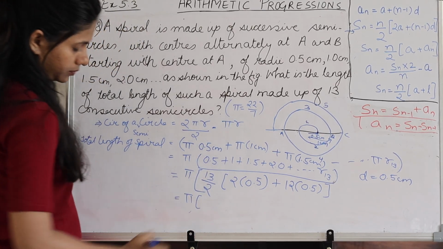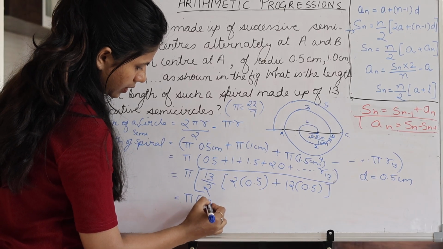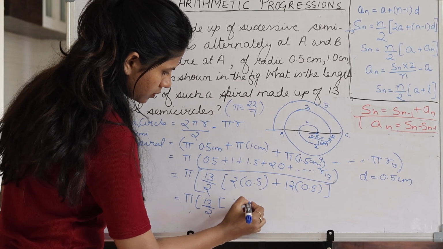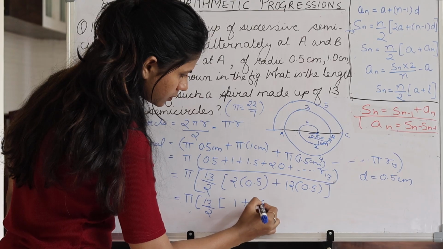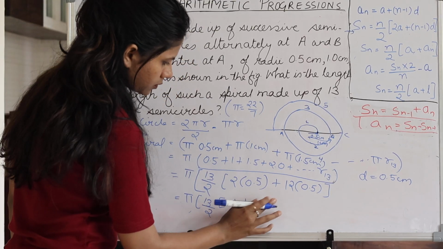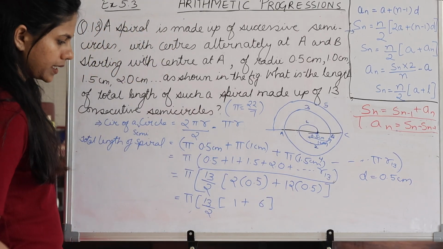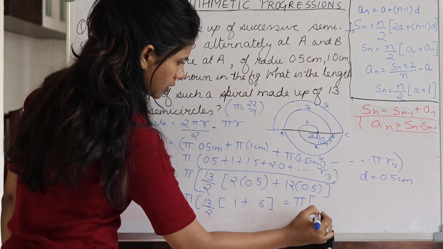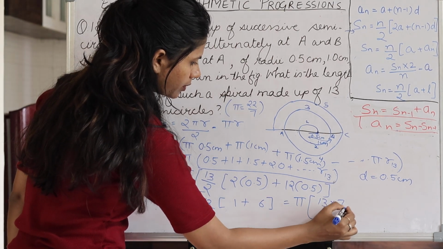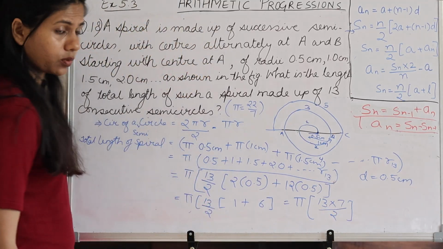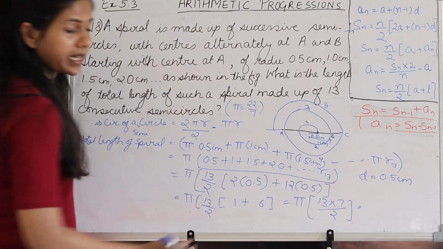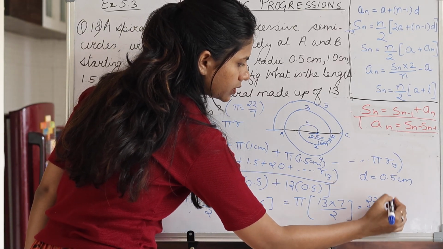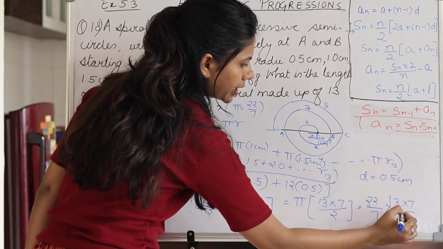Can we solve this? Pi times 13 by 2, it will be pi times 13 into 7 by 2. Let's expand pi since they have given the value of pi. It will be 22 by 7 into 13 into 7 by 2.